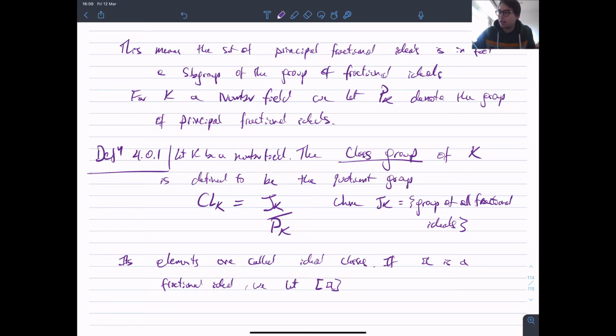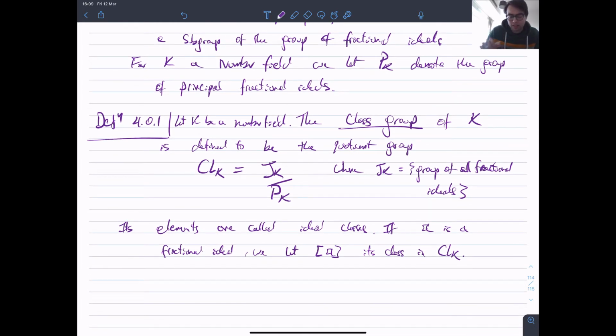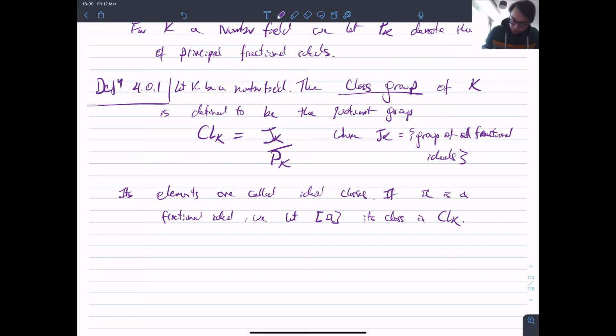We know the square bracket A is a class in the class group of K. And lastly, what we want to study a lot is the size of this class group and what the structure is. I'm going to let h_K denote the size of Cl_K, and we call this the class number.